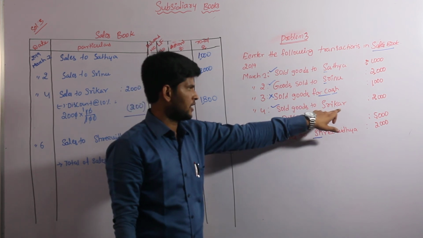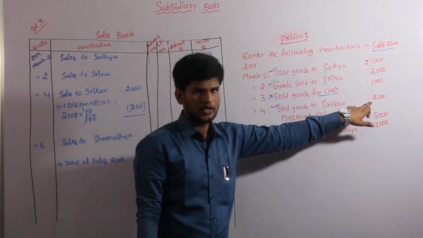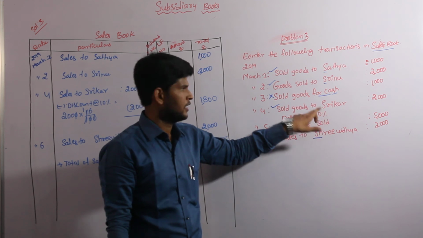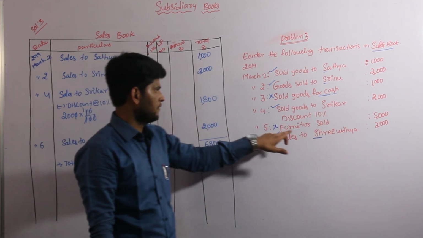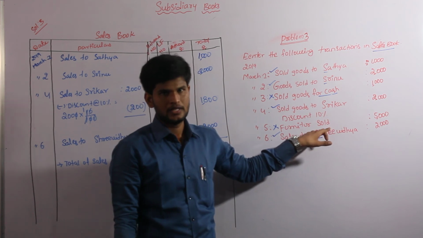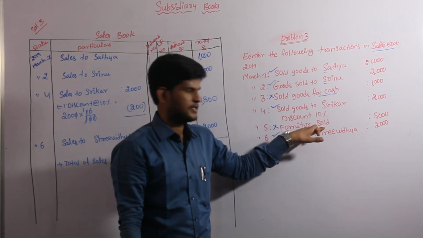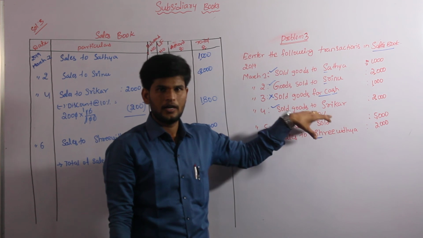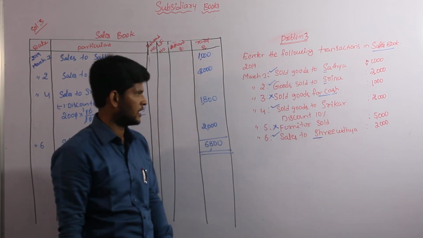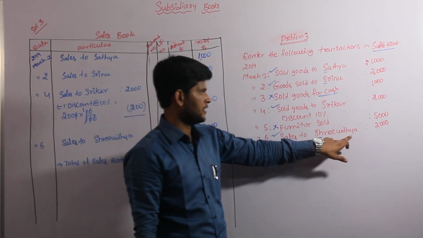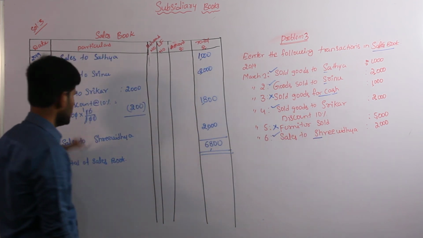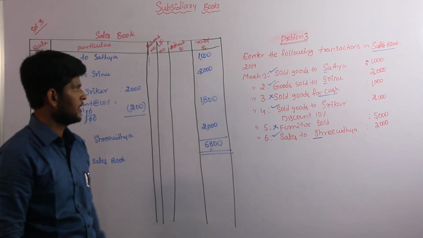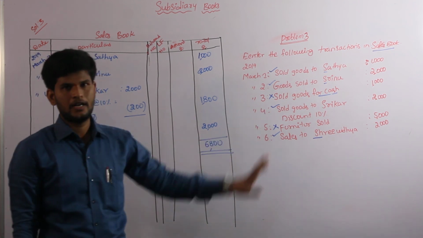Sold goods to Srikar, trade discount: out of 2000 we have to minus 10% discount, there is no cash, so it will be entered in our sales book. Furniture sold, there is no name in the sale transaction, it is a sale transaction, so this is called a cash based transaction, we don't want to consider. And sales to Sri Vidya, this is a name in the selling transaction, it will be entered into our sales book. This is the problem and it is most important for our final examination.